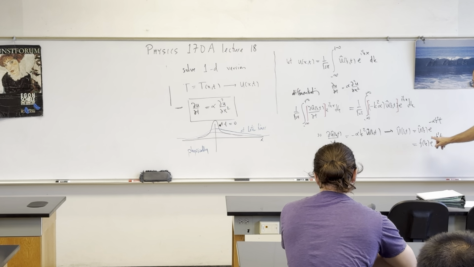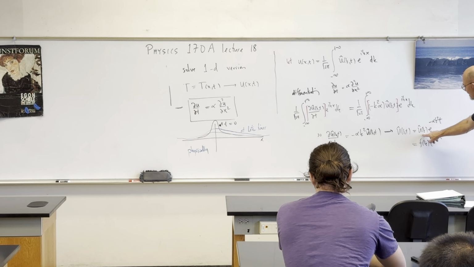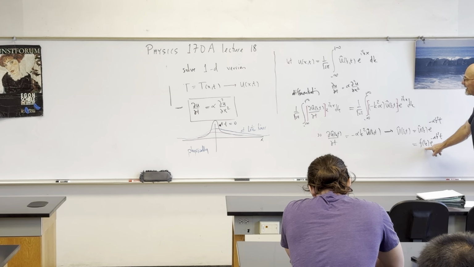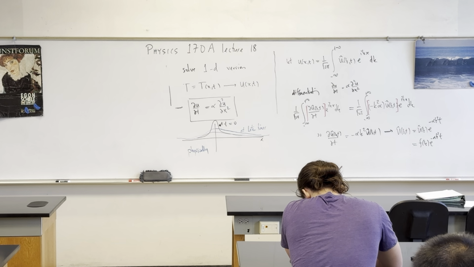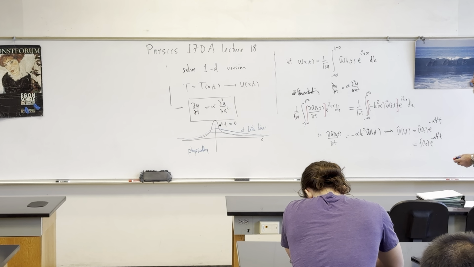But that means that this u hat of k and t separated into a function of k and this exponential function of t. So I just renamed that for the moment, because this f of k is still unknown.